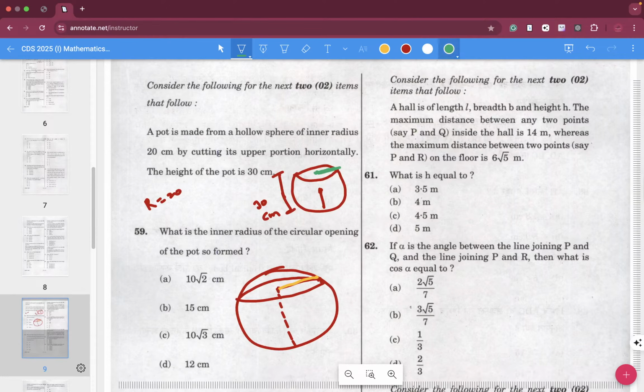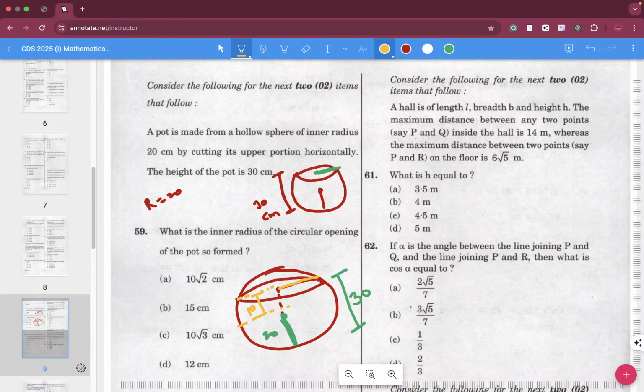Over here this green value is your radius, which is 20, isn't it? And they also said that the height of the pot, from this to this, is 30. If the height of the pot is 30, then from this yellow line to this it will be 10, right?